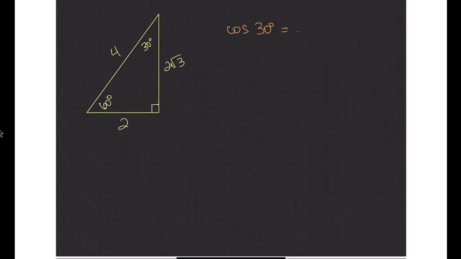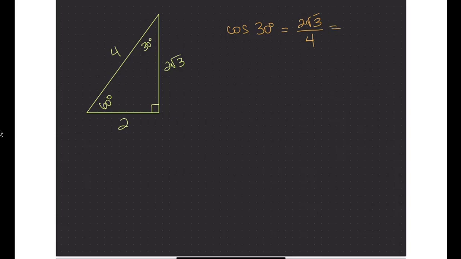From my 30-degree angle, which side is my adjacent? 2 square root of 3, over the hypotenuse, which is always opposite the 90-degree angle, so over 4.